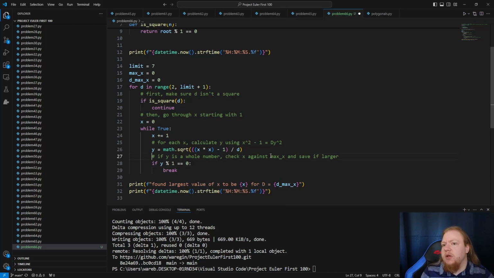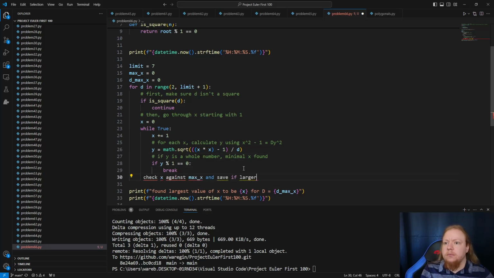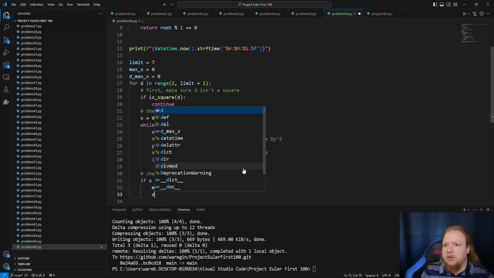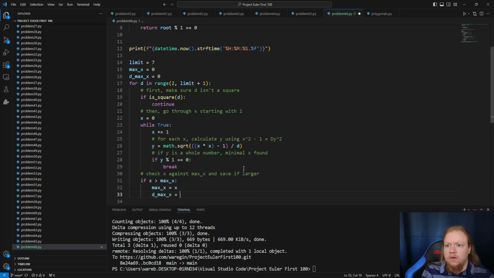For the first time we find a whole number y, we're just going to break. Actually, this is going to be minimal x found. And if x is greater than max x, then max x equals x, and d for max x is equal to d.